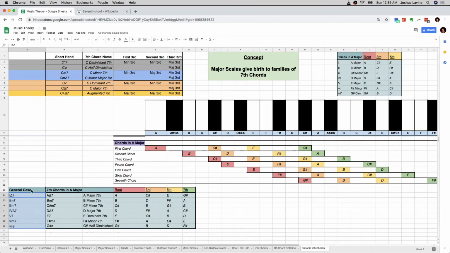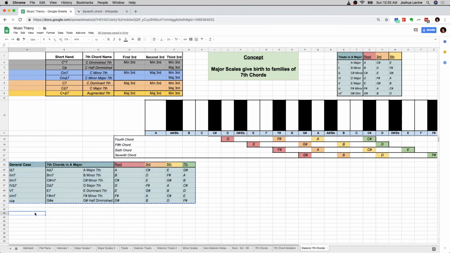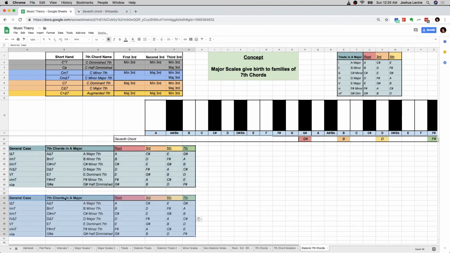And so I'm going to leave this to you. As an exercise, I assign you, please find all of the 7th chords in D major. I bet at this point you can just go ahead and do this by yourself.